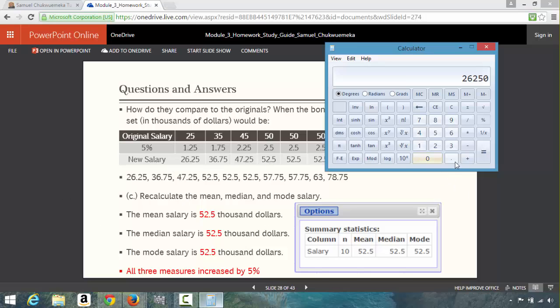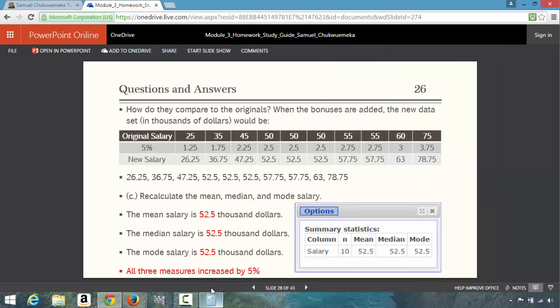They want the 1,000 to be in words, so that's why we just wrote 26.25. We do that for all of them, and you recalculate. You see that all measures increase by 5%, of course.